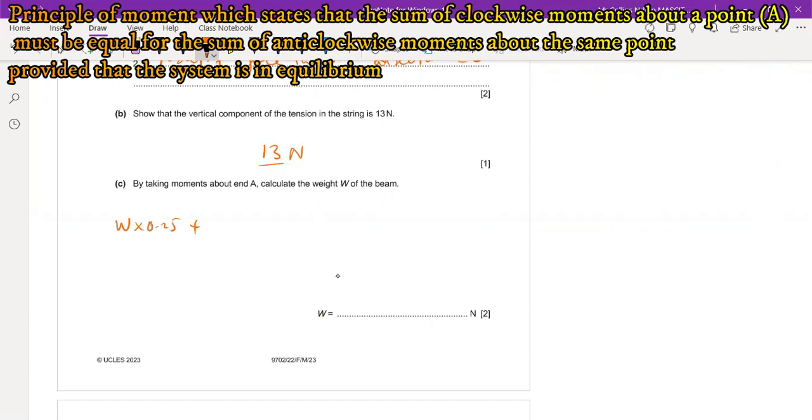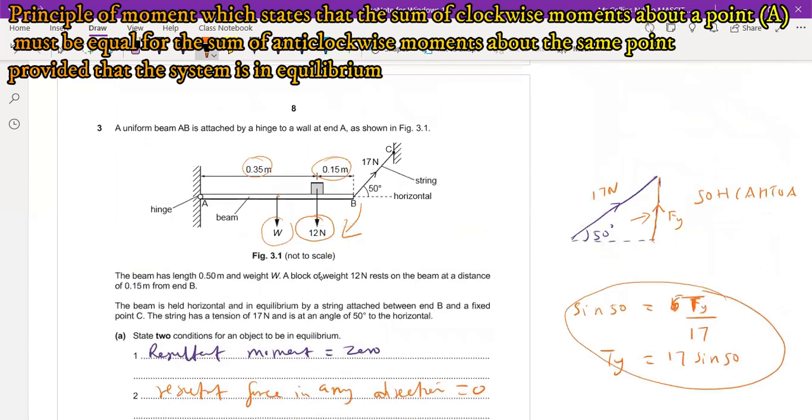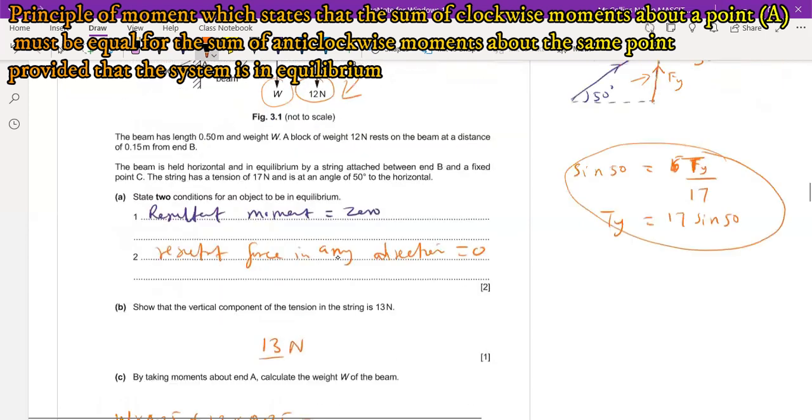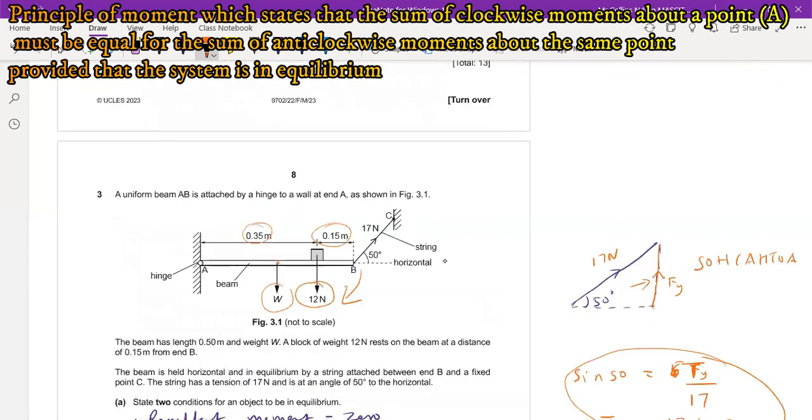We add the 12 Newton times the distance to the pivot, which is 0.35. This should be equal to the anticlockwise moment, which is provided by the vertical component of the tension.